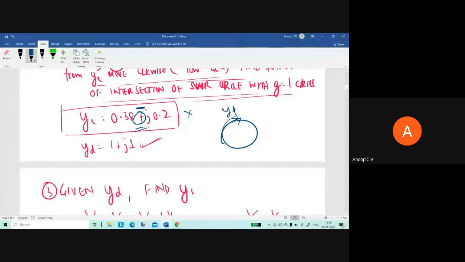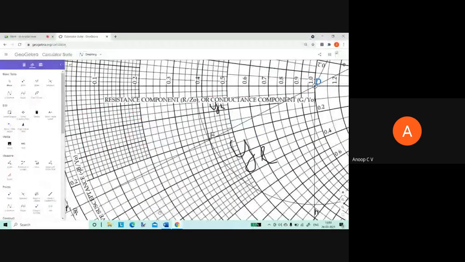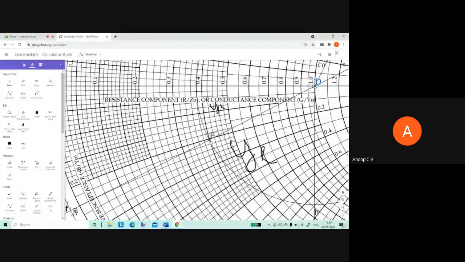Thank you for pointing it out. The remaining part will remain the same, because I am using YD in calculation. Is it clear now?